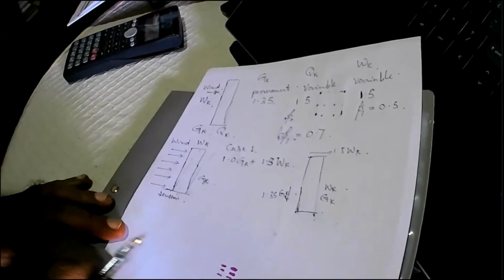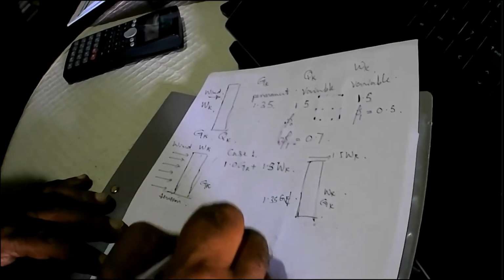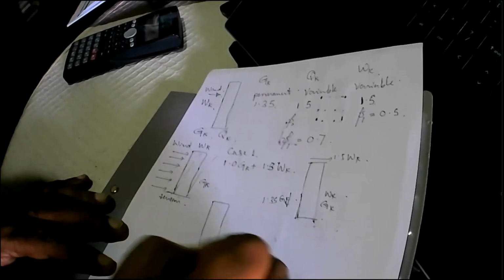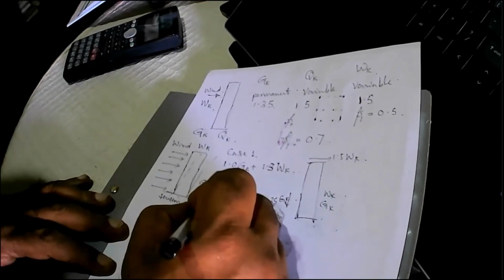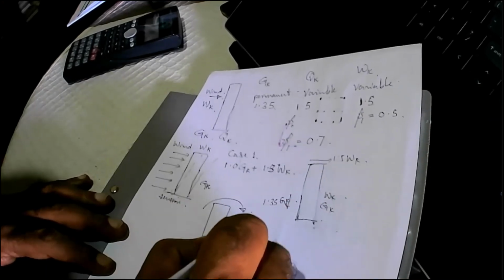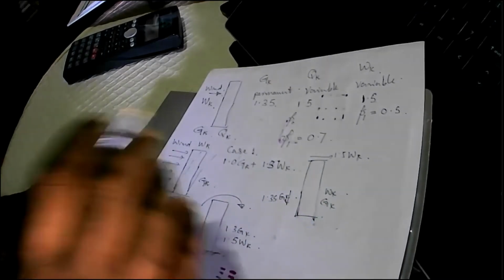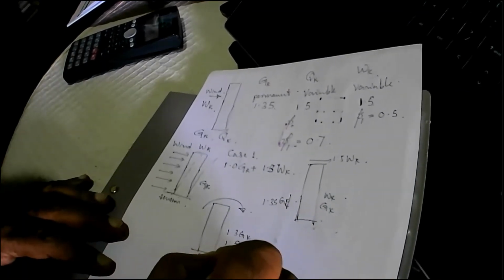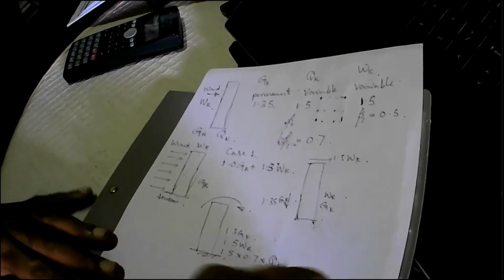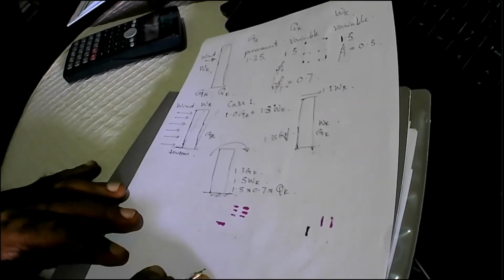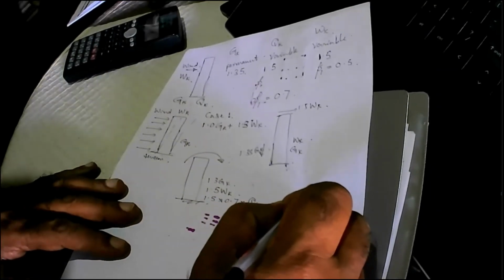So I'll not define it as a case because when you look at the next case, you are going to get 1.35 GK. Here you get wind, so it is 1.5 times wind. But you will also have QK, which is 1.5 multiplied by 0.7 times QK, which will give you a value of 1.05 times QK.